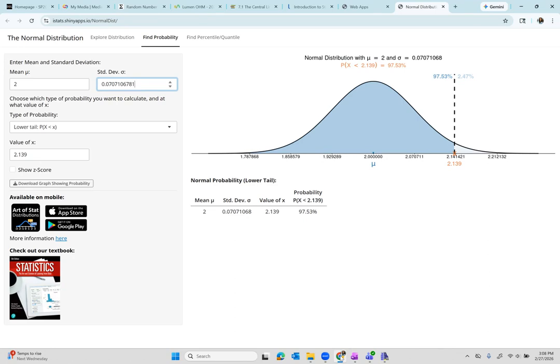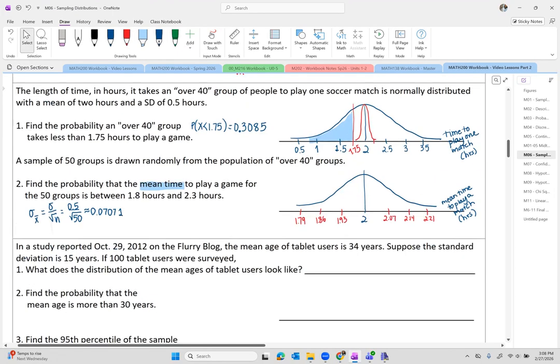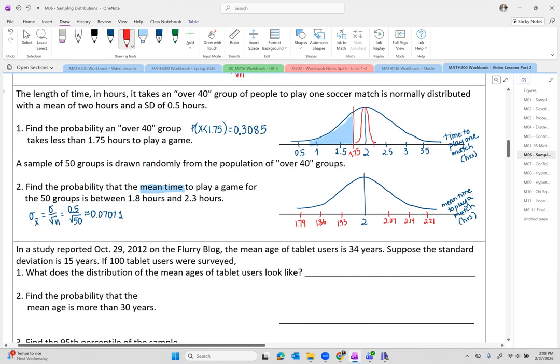All right, and then they are asking us, find the probability that the mean now is between 1.8 and 2.3 hours. The mathematical expression for that is that 1.8 is less than x bar less than 2.3 hours. And that probability, I'm going to find it in Art of Stat.